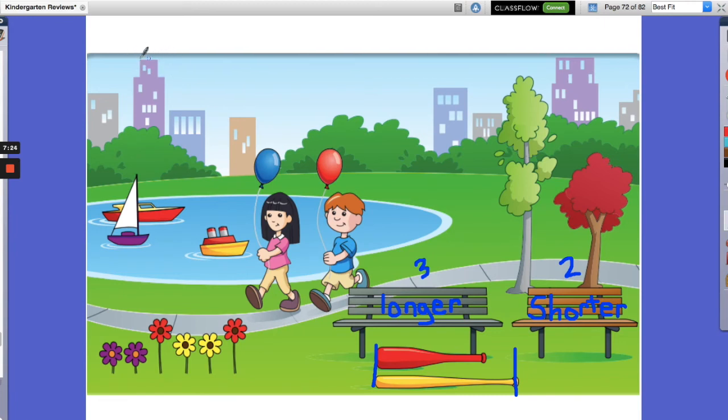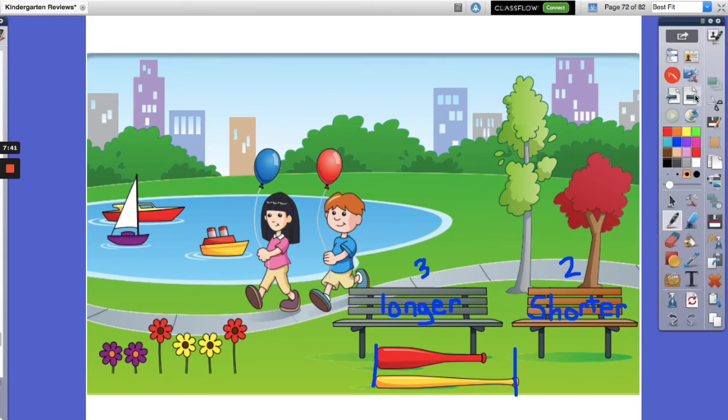It might be the tallest building, so it's going to be taller than maybe this building beside it. Or we look over here, we see that this building right here is shorter than this building next to it, or even this building over here. So using those words to describe and compare lengths, like tall and taller, short and shorter, long and longer.